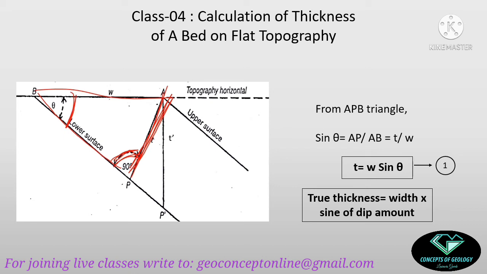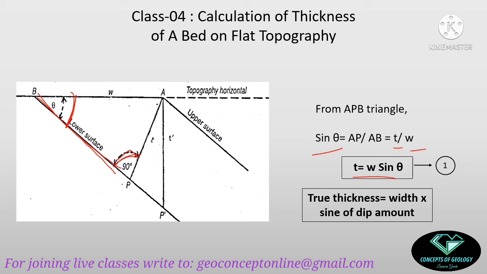So on this right angle triangle, this is the perpendicular, this is the base, and this is the hypotenuse. So if I am doing AP by AB, that means perpendicular by hypotenuse, that means sine theta. So sine theta means T by W, this length is T and this length is W, okay. So sine theta means T by W here, so T means W sine theta.